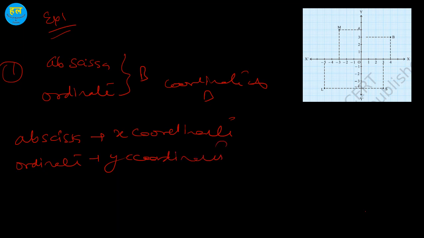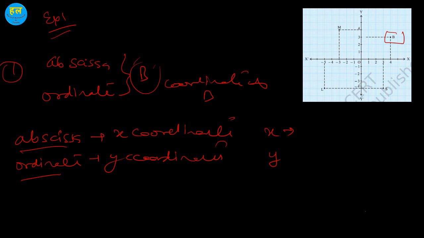Okay, so what we have to do is find the abscissa and ordinate of point B. So we can see in the graph that this is the B point, and we have to find the abscissa and the ordinate. Abscissa is basically x and ordinate is y. So the position of x here is on the right side from the origin and on the fourth point.